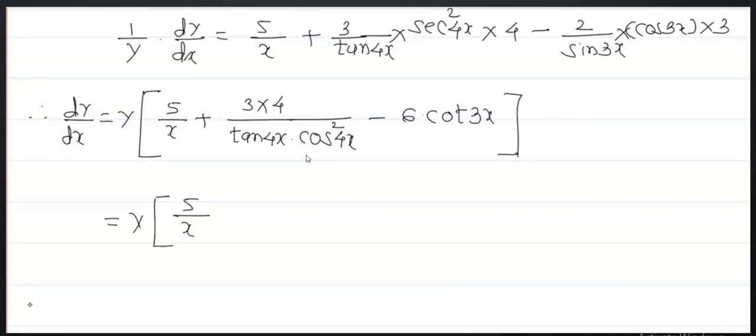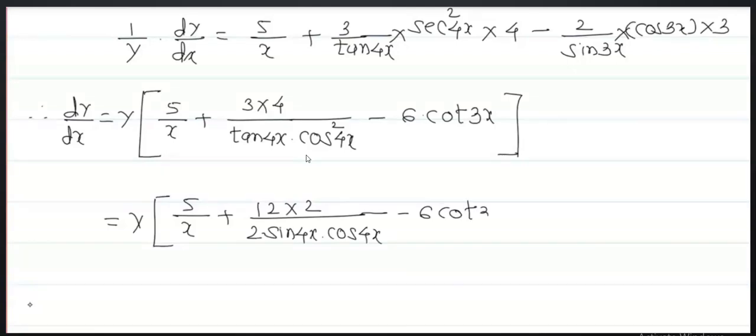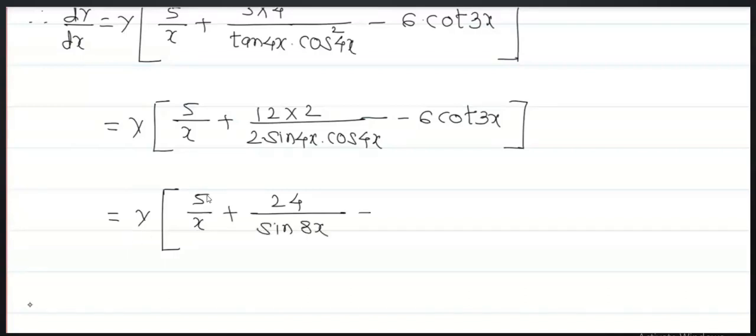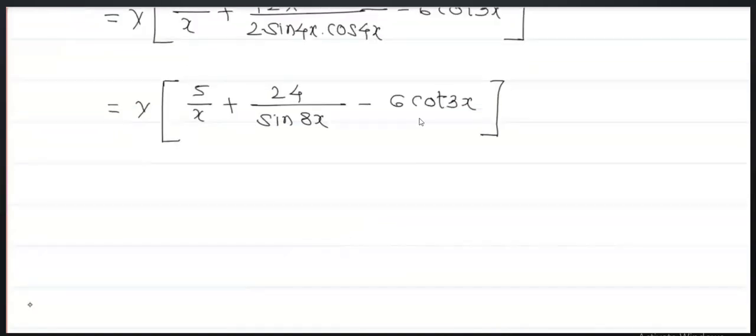This will become sin of 8x and its reciprocal cosec 8x, since sin 8x is 2 sin of 4x into cos of 4x. That is dy by dx is equal to y in bracket 5 upon x plus 24 upon sin of 8x minus 6 cot of 3x.